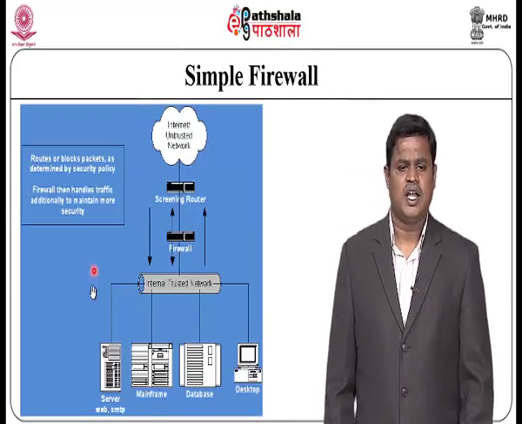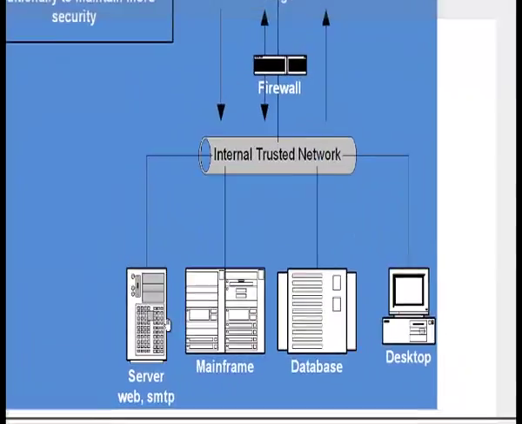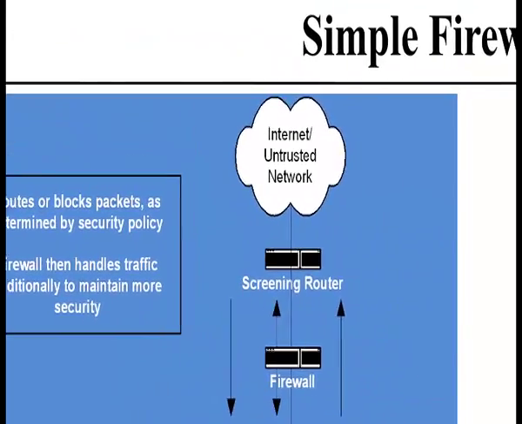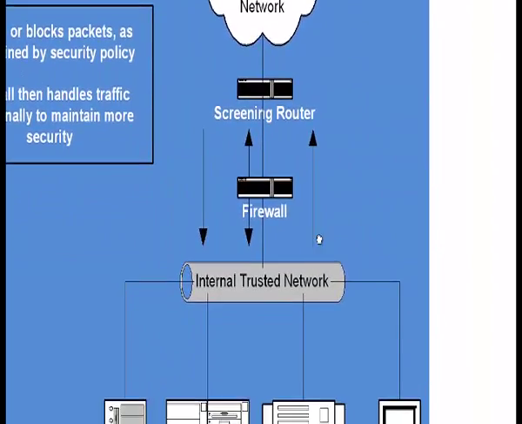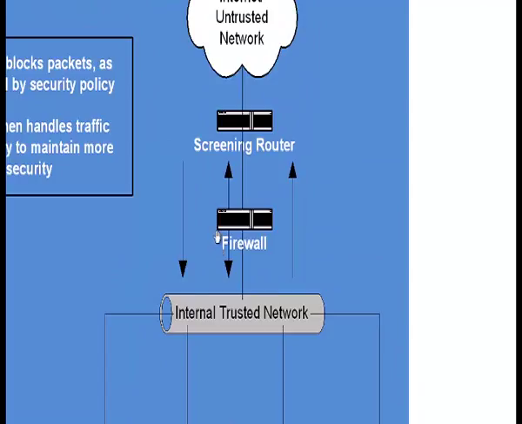So, here this is the diagram explaining the operation of your simple firewall, where you can see again the same structure. In that we can see there is a firewall in addition to our screening router.